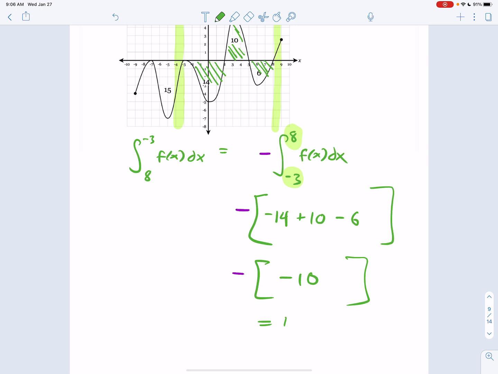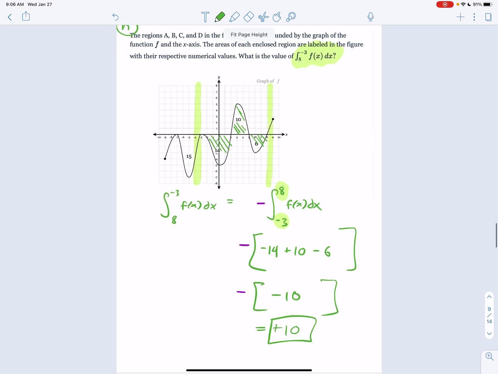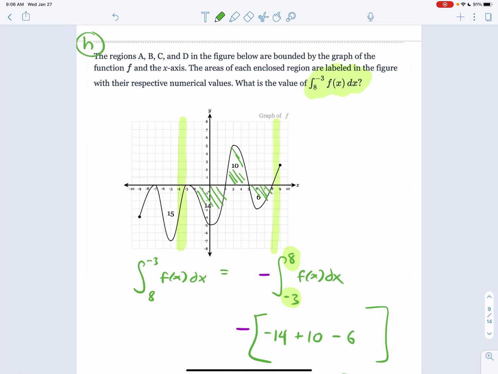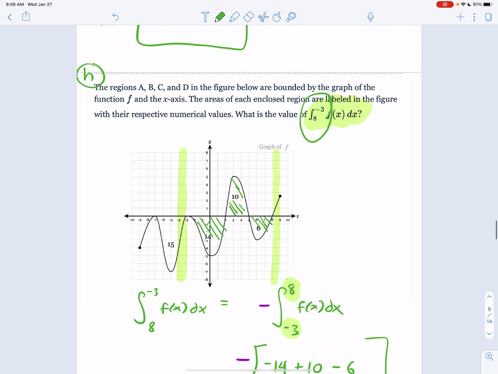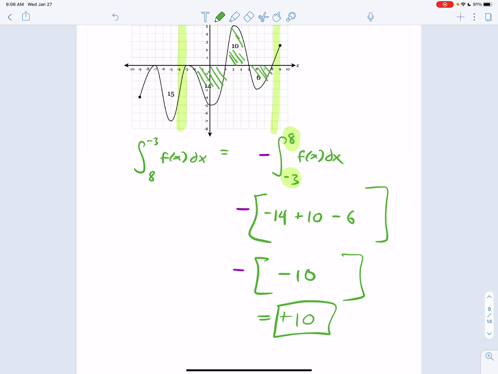So that comes out to +10. Now, it's a little bit weird when you're looking at the picture, because it looks like there's more area below the x-axis, and there is. But because they were originally asking to go left, your area turns negative as well because you're going backwards. So that's why it's a little bit weird to interpret what +10 really means.